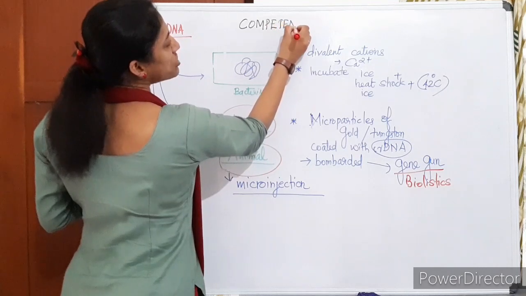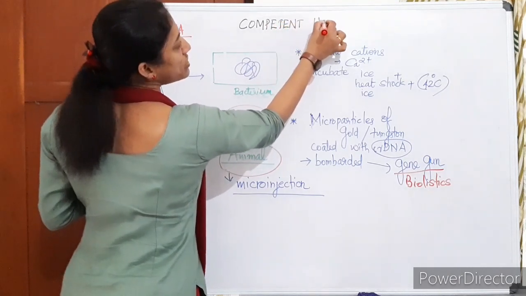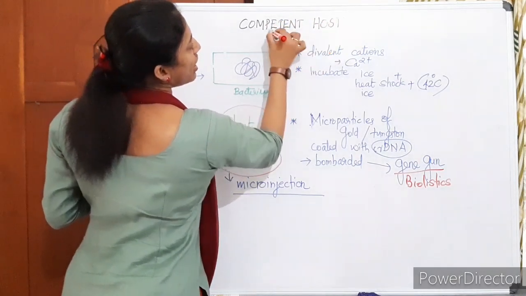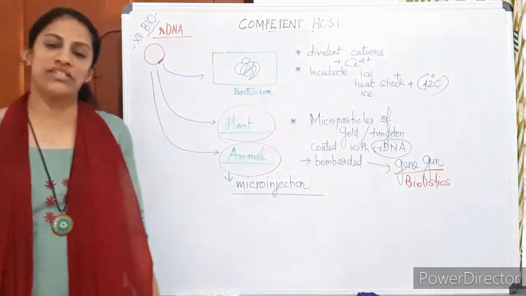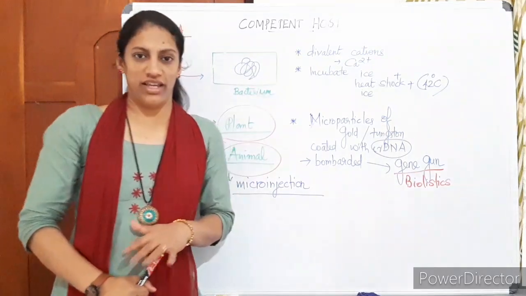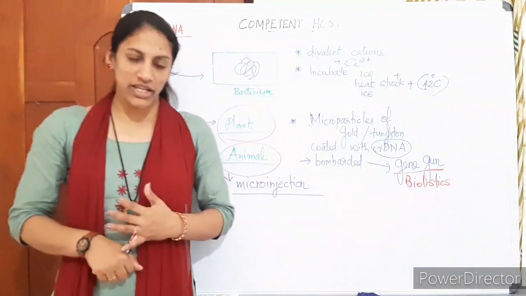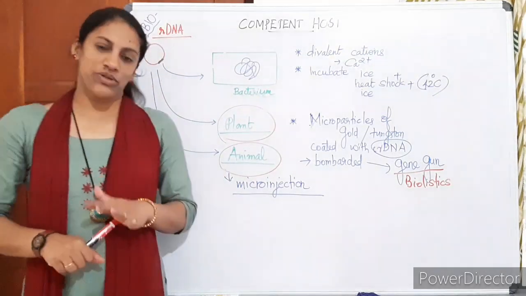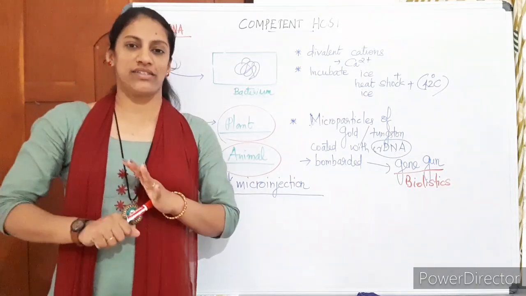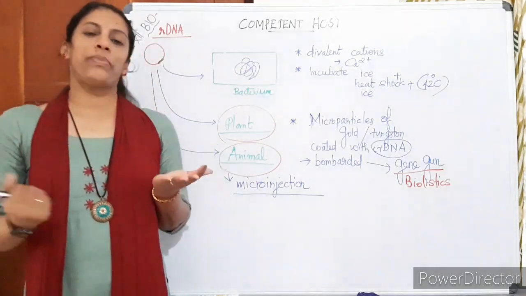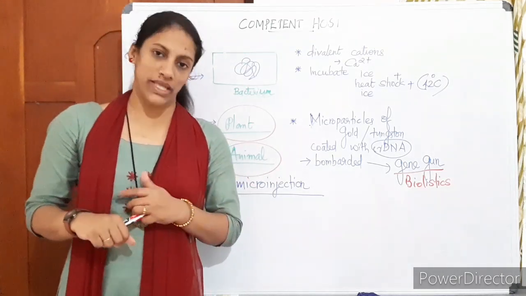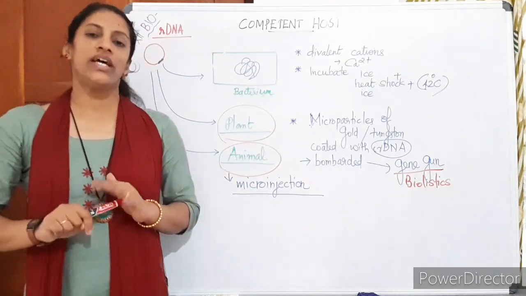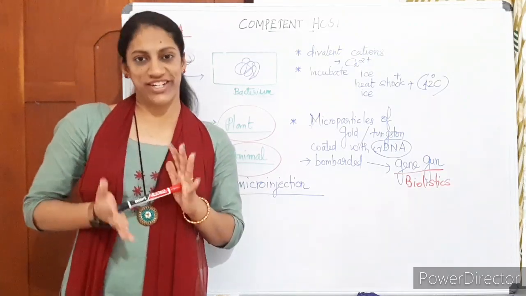How is the host made competent to receive the rDNA? If it's a host bacterium, divalent cation treatment and ice, heat, ice incubation. If it's a plant cell, it is by the gene gun or biolistics method. And if it's an animal cell, it is by micro-injection.